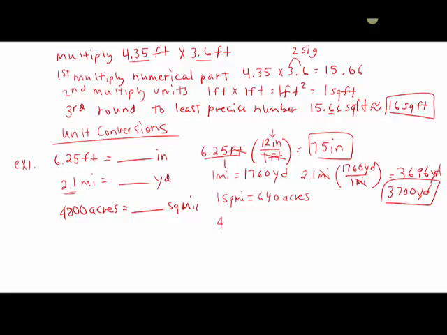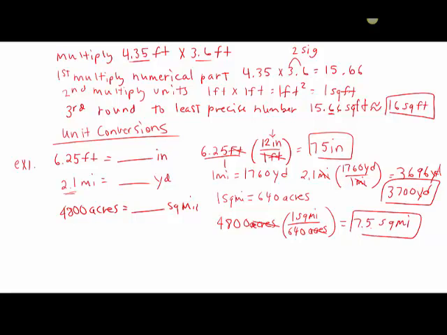So that's going to be 4,800 acres times 1 square mile over 640 acres. So this one we're going to divide. That cancels, and you get 7.5 square miles.